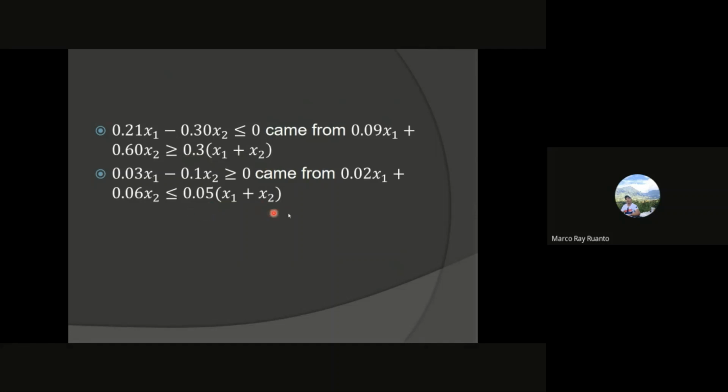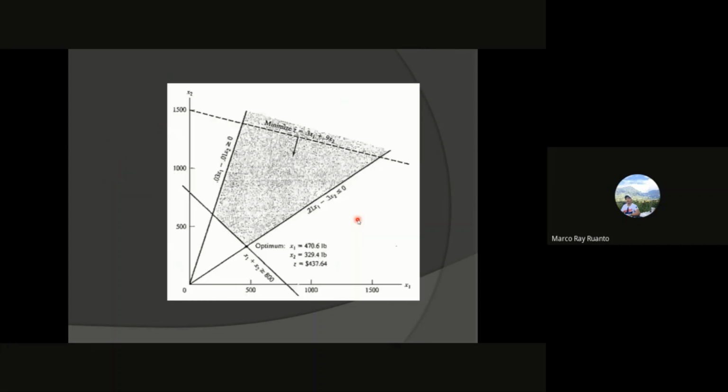And the corresponding graph is this one. By the way, this is an example of an unbounded feasible region.